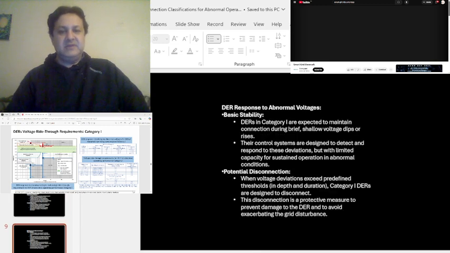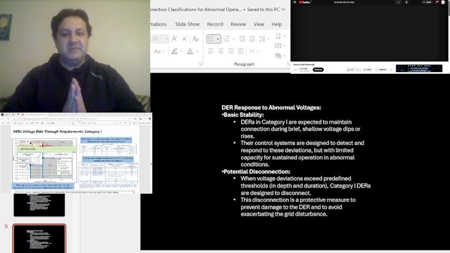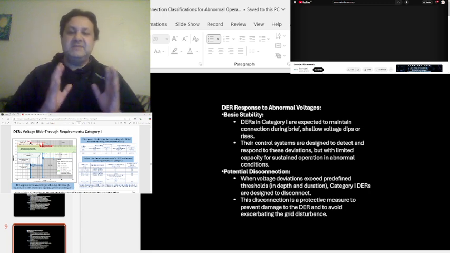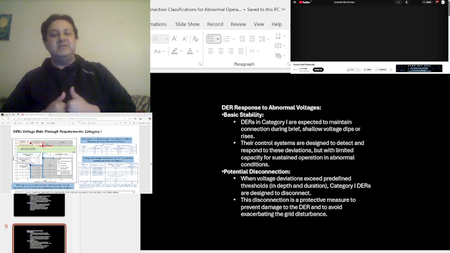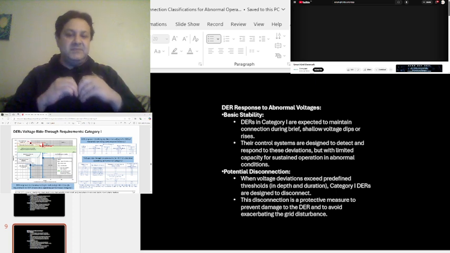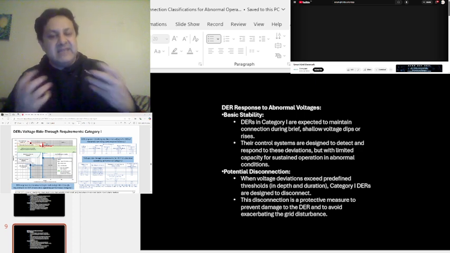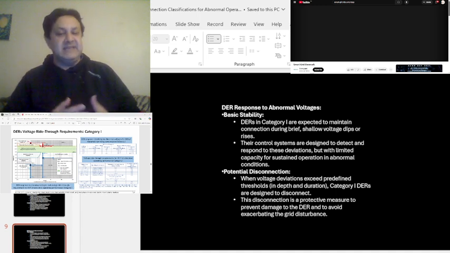So let's move on to the next one. DER response to abnormal voltages. The basic stability: DER in category 1 are expected to maintain connection during brief, shallow voltage dips or rises. When the voltage dip is shallow, or the rise is shallow, then the DER in this category are expected to maintain connection.